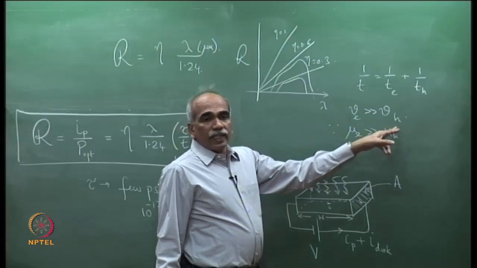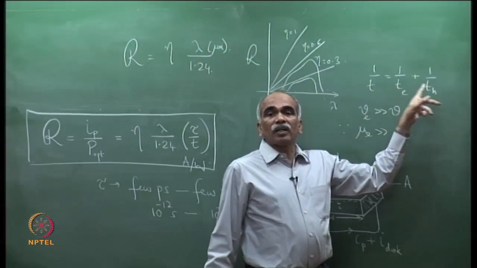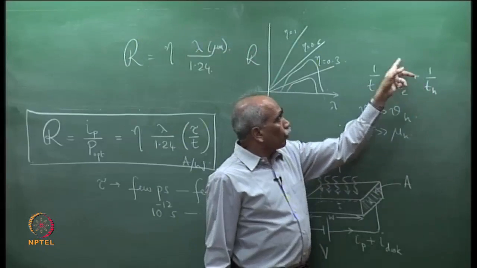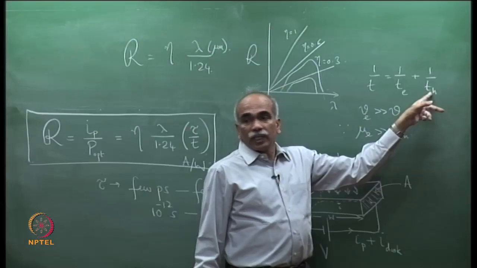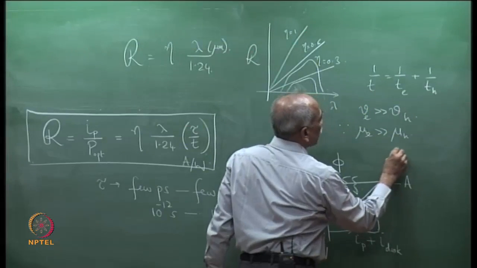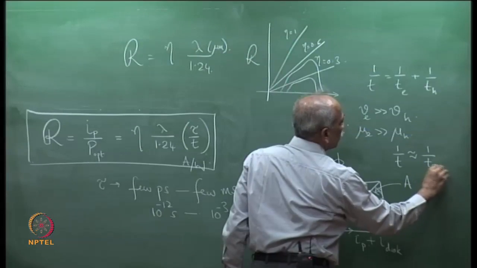Therefore, V e is greater than V h, and therefore, T e is much smaller compared to T h. Therefore, 1 by T e is much greater compared to 1 by T h. In other words, we can write that 1 over T is approximately equal to 1 over T e.